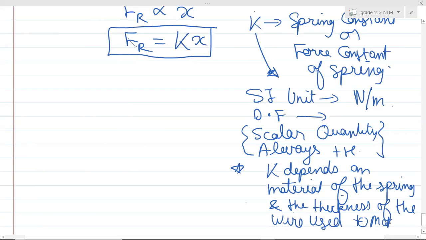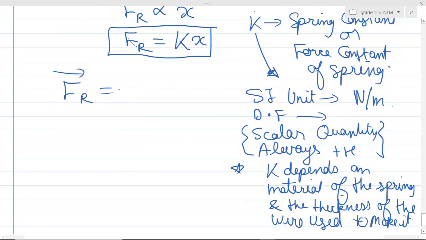So basically, k depends upon the thickness of the wires which are used to make the spring, as well as the material of the spring. Is this clear? We'll later on know some more facts about this particular thing.